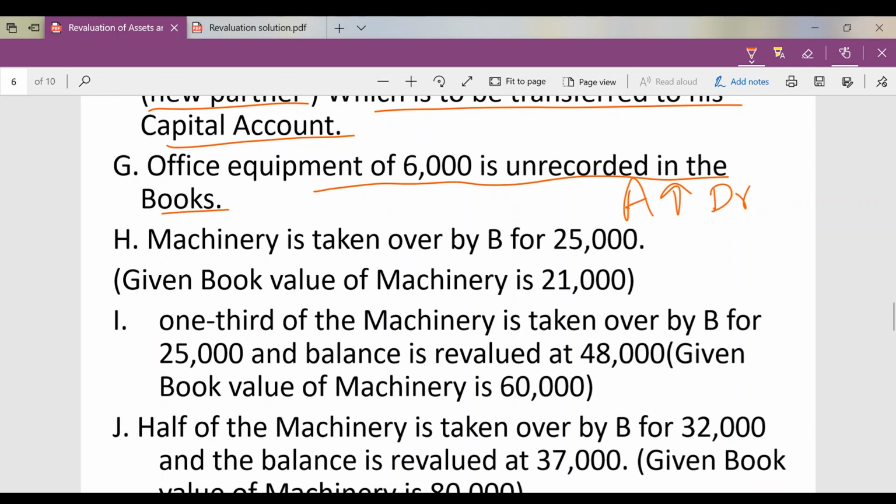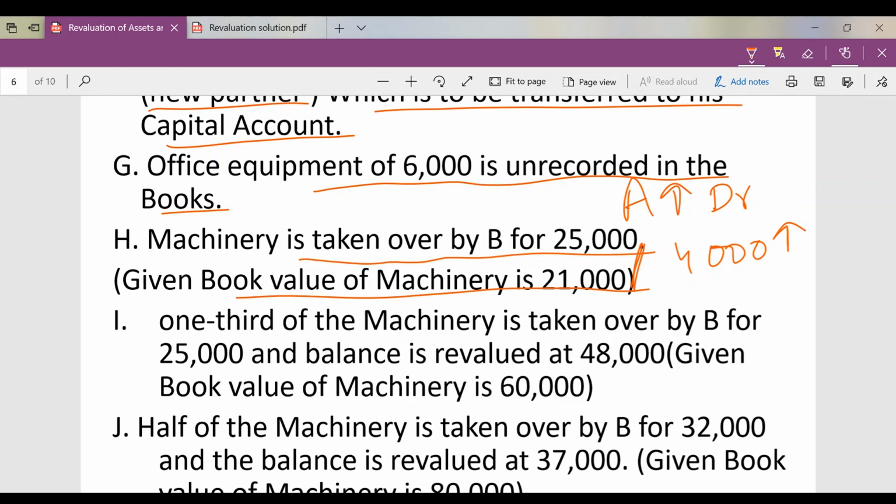Next is machinery is taken over by B for 25,000 and the book value of machinery is how much? It is 21,000. So you can see from 25 it became 21. So that means 4,000 the value has to increase, right? So if I have to increase the value of the machine by 4,000, machinery would be debited.